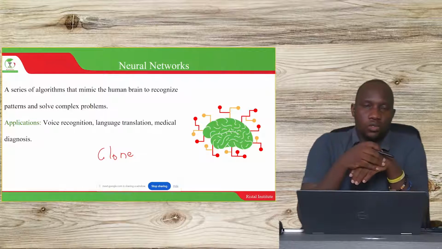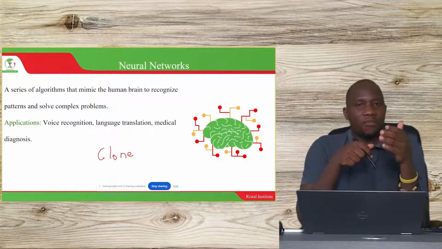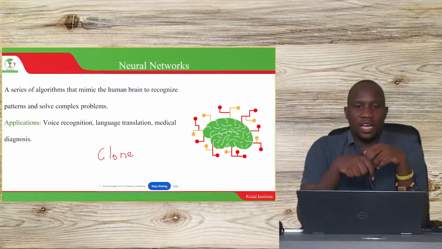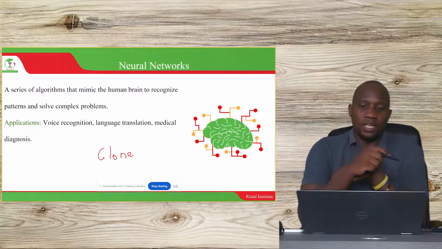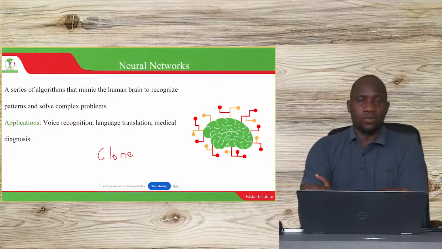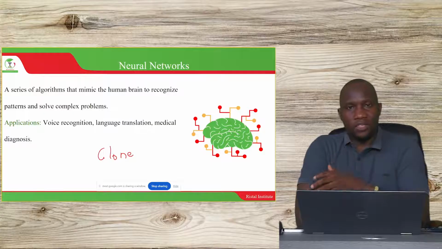And then also issues to do with language translation. If you speak Arabic and I speak English, I don't need an interpreter. We can use these AI tools and they can facilitate that translation. Even medical doctors can use AI tools to enable them interpret, for example, X-rays.